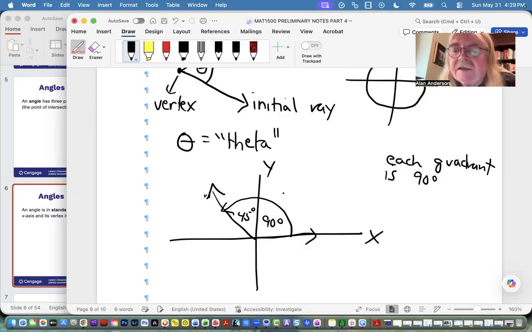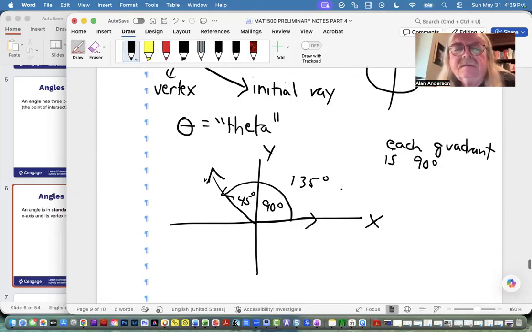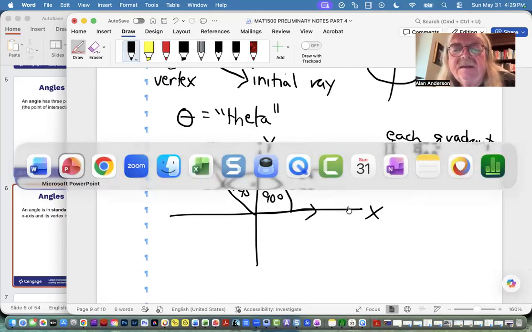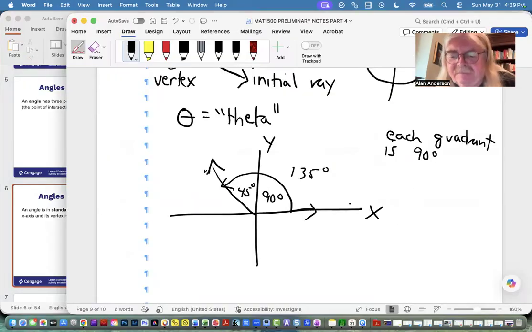So, therefore, the angle between these two rays is 135 degrees. That's how it's done.